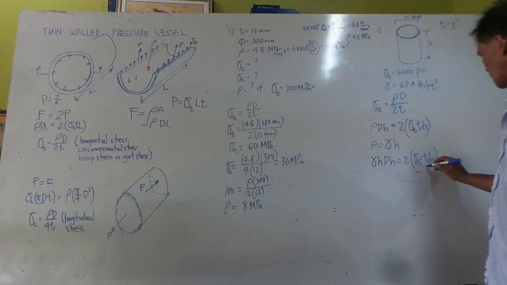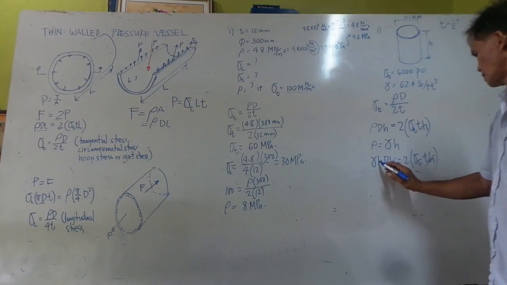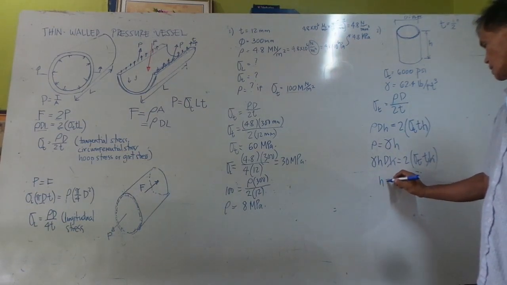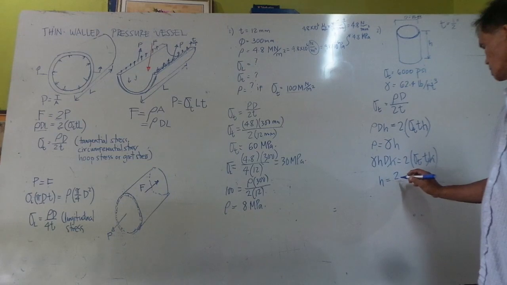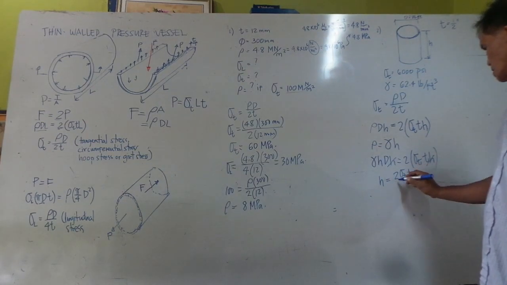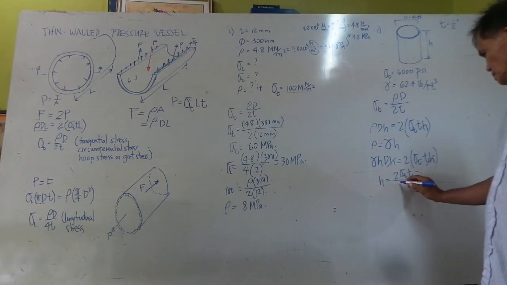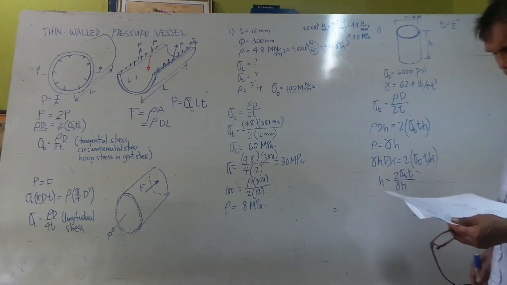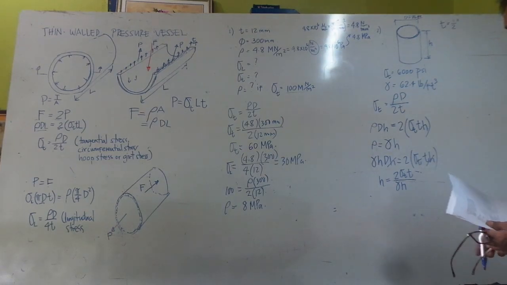Cancel one height. So you will have your height equivalent to 2 times tangential stress times thickness over density times diameter.